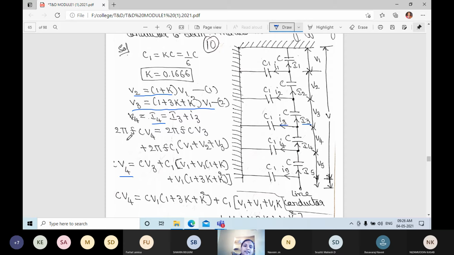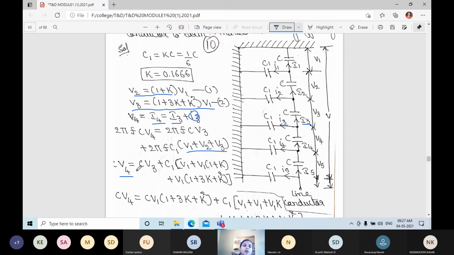That can be written as 2 pi FC V4 is equal to, capital I3 is flowing through the shunt capacitance, the self capacitance. So 2 pi FC V3 plus 2 pi FC1 into small I3. For small I3, what can we write? Voltages V1 plus V2 plus V3. We will add these 3 voltage levels.